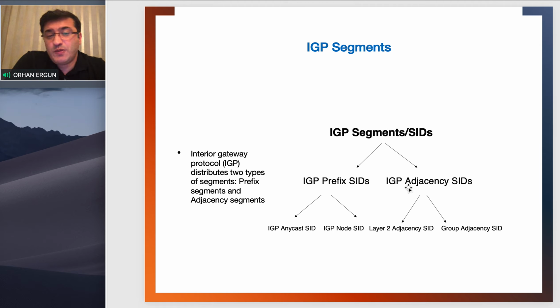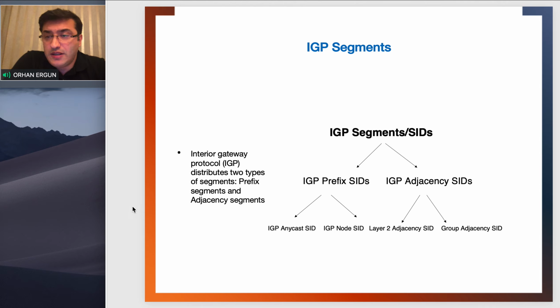When it comes to the IGP adjacency SID, actually we should say also here maybe layer 3 adjacency SID, because when you hear from me or from any resource, first you should remember if you are hearing adjacency SID, it is a layer 3 adjacency SID. But we will see how an adjacency SID can be assigned for layer 2 links as well. Okay? And for a bundle of links also, we can assign a SID value, segment value.